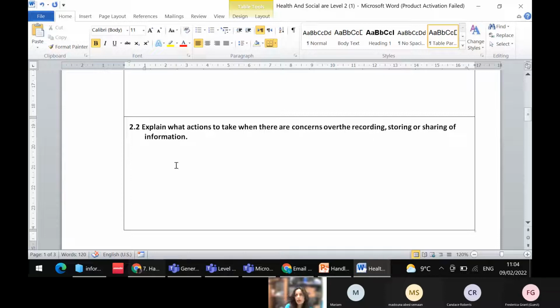Let us say you're working in a nursing home or a hospital, but you're concerned that one of the people there is just sharing the information with lots of people, talking, laughing in the corridors about one of the clients, and they are discussing his information in a funny way or something like this. So any concerns that you might have, what action would you take?